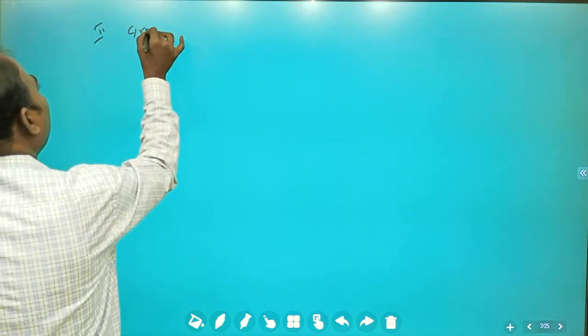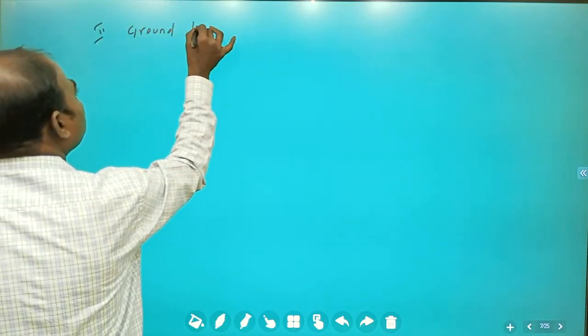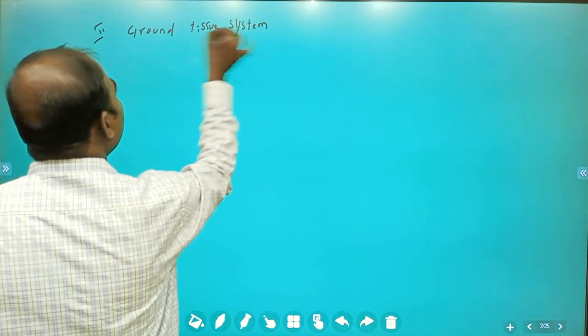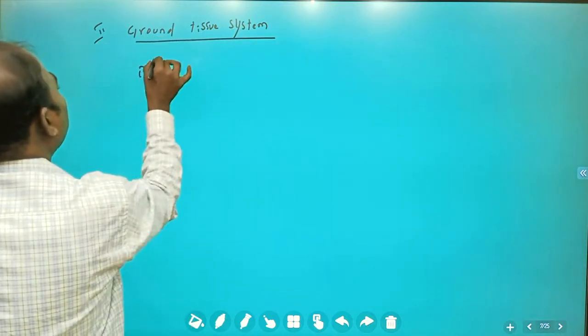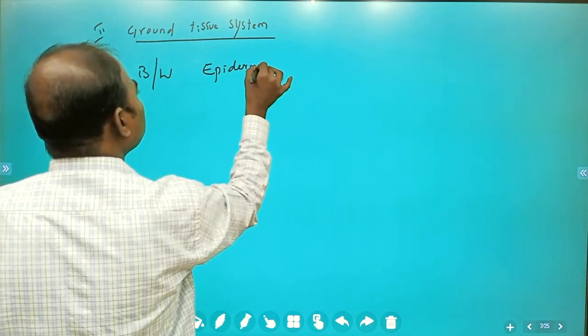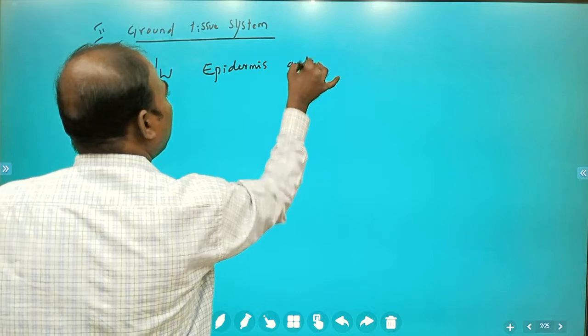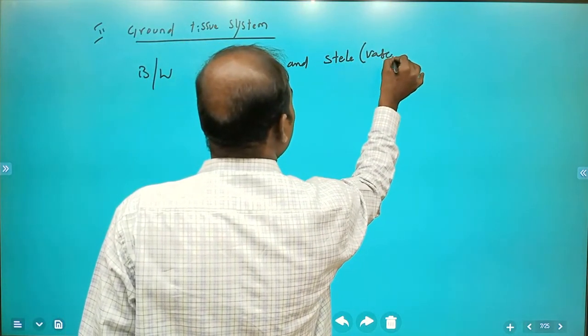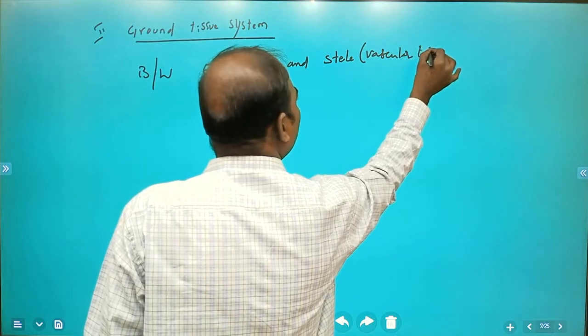Secondly, ground tissue system. Between epidermis and stele, that is the central vascular tissues.